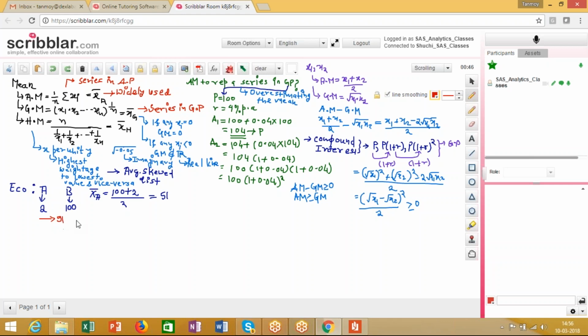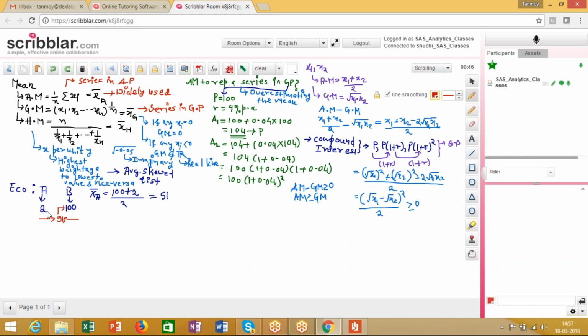So you will see that when I have used this mean 51, 51 is more biased towards 100 rather than 2. So 51 is more representative of the value 100 rather than the value 2, right? Because you are giving the same weightage, the higher end value is pulling the average towards itself.